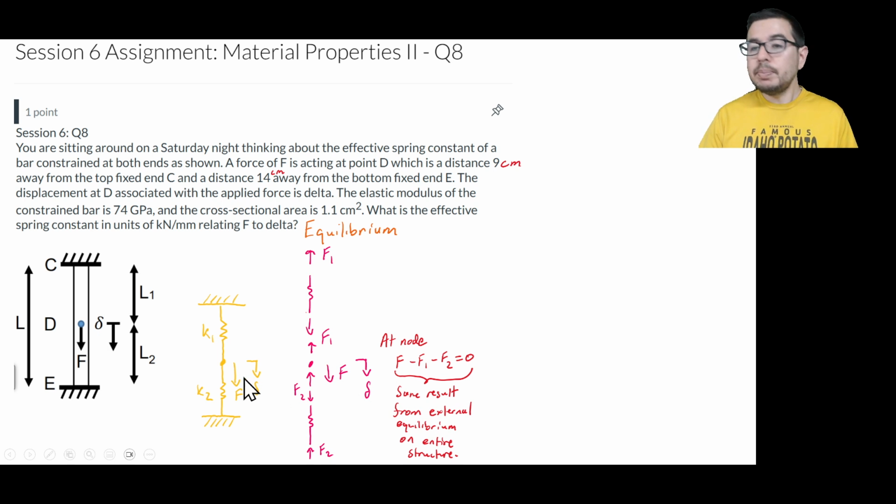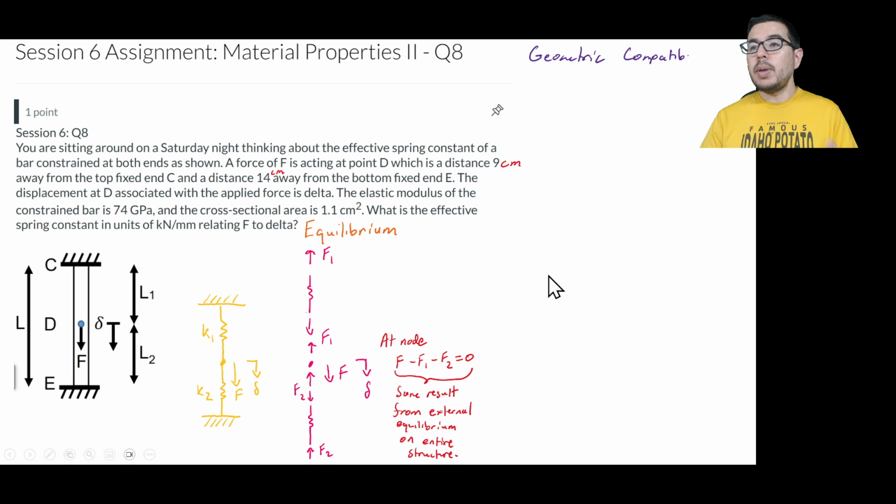There's a force being applied externally, and this wall is opposing that force, so F1 going upward, and this wall is opposing that force too, and so we have minus F2. We wouldn't be obligated to draw all these forces in these directions, but we're trying to keep as many of these forces positive, so the directions we've chosen do make sense.